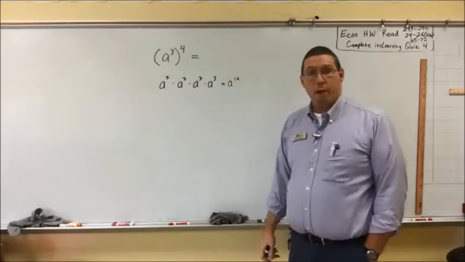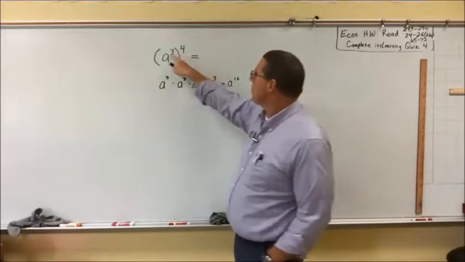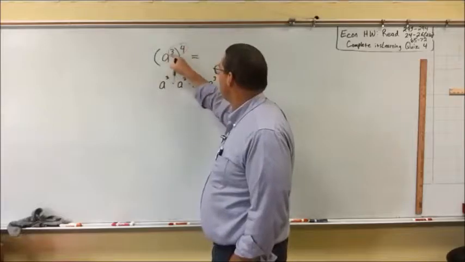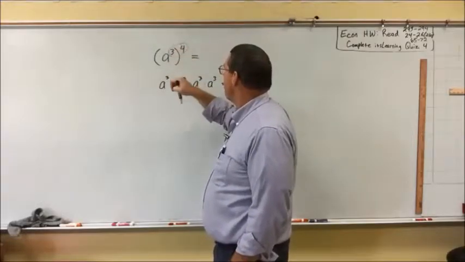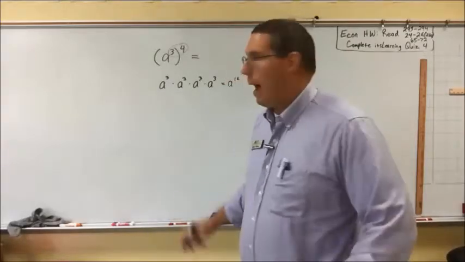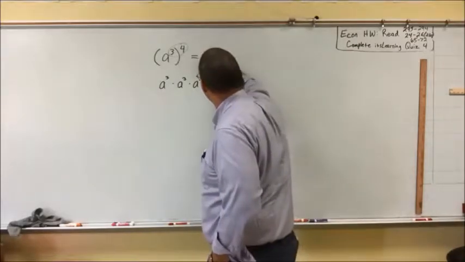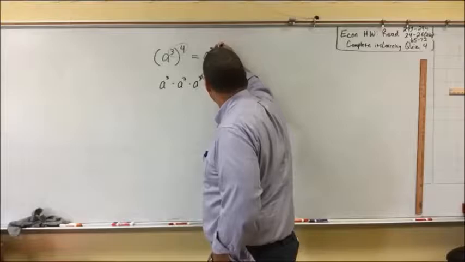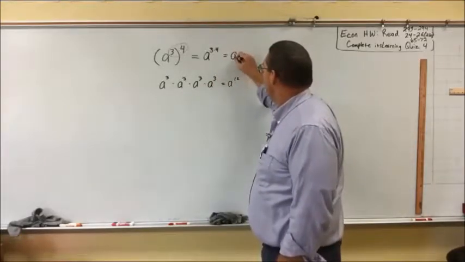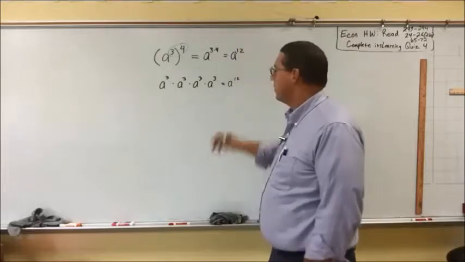And that is correct. Well, how would we get that from this 3 and 4? The rule goes that when you have a power to a power, you multiply the powers. So this should be the same thing as a to the 3 times 4 power. And so that's going to be a to the 12th power, just like down here.